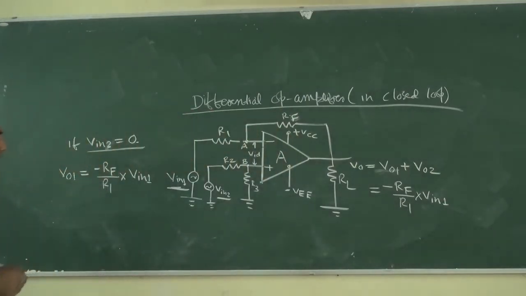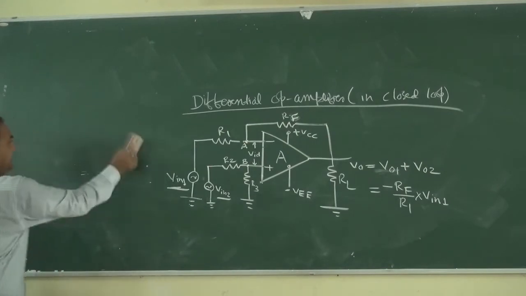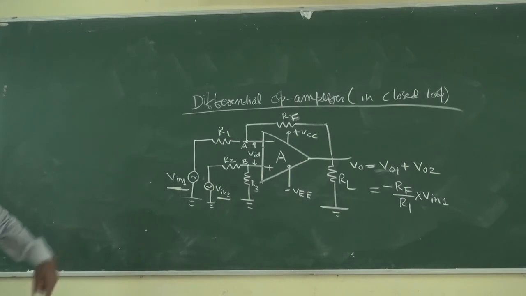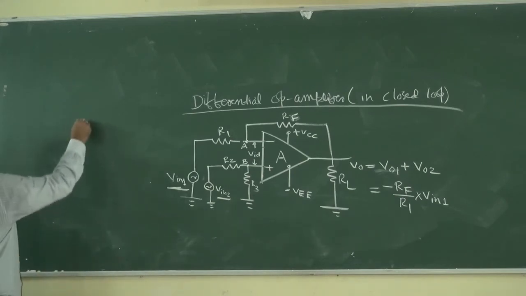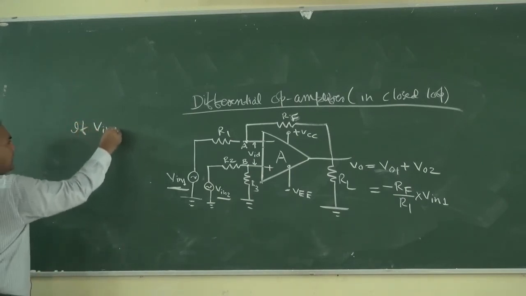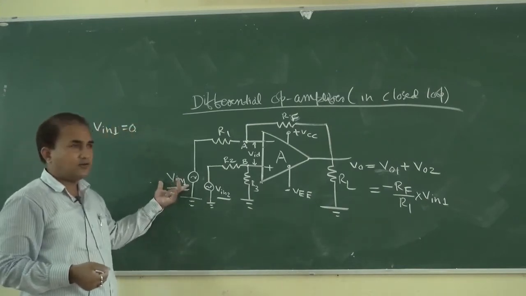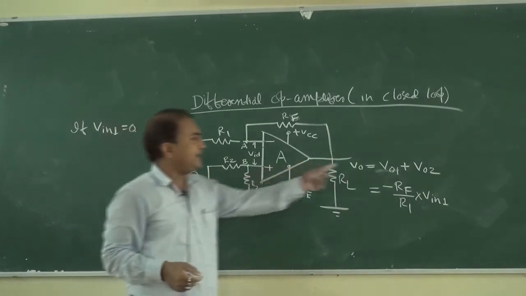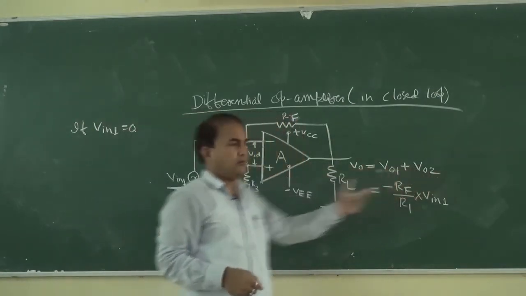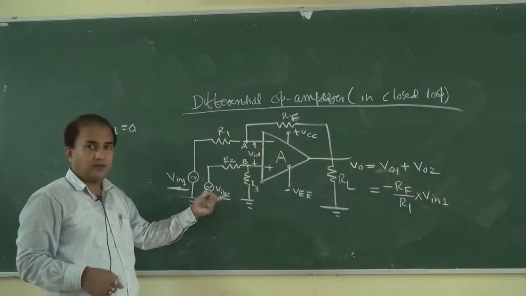Now we have to consider V in 1 equal to 0. If this voltage source is equal to 0, then we can determine V output 2, which means V output 2 is due to V in 2 only.